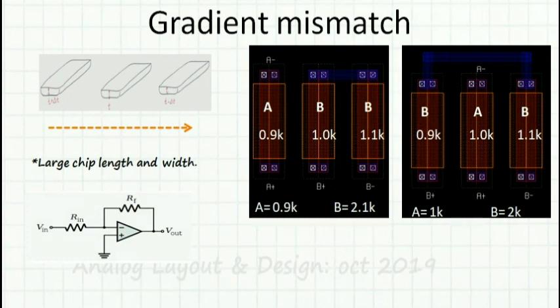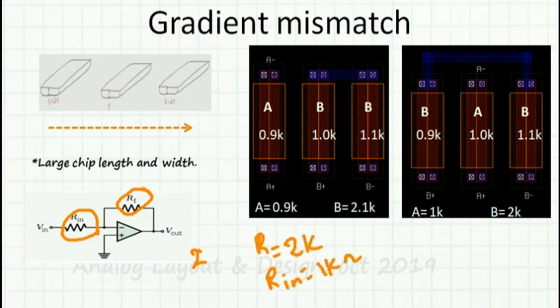As we discussed, we have a requirement that RF by Rin needs to be a gain of 2. That means RF should be 2K and Rin should be 1 kilo ohm. Suppose I place the two segments, I'll call RF as B and Rin as A. Because of the gradient, instead of 1K, this became 0.9K, and this is still 1K, whereas this one became 1.1K.